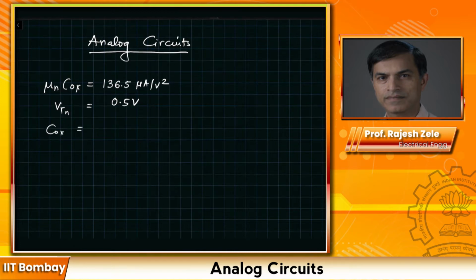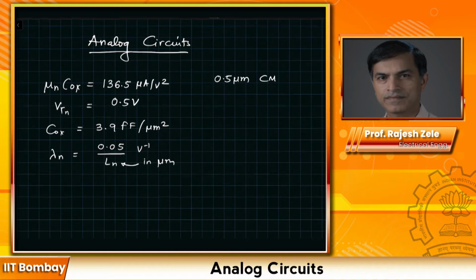Cox was 3.9 femtofarad per micrometer squared, and lambda n for the device was 0.05 divided by Ln, in volt to the power minus 1, where Ln is in micrometers. We will be using these values over and over again, and this was for 0.5 micron CMOS technology.